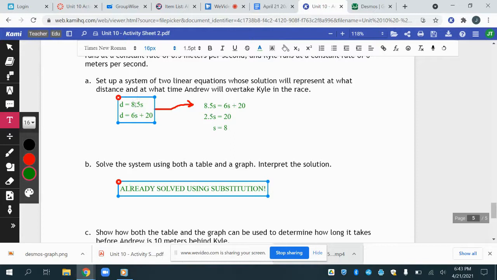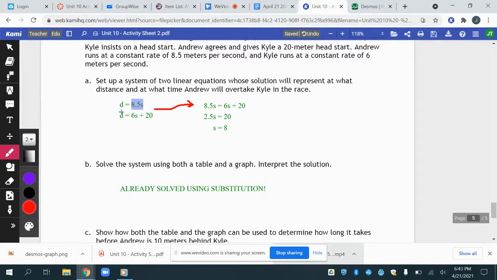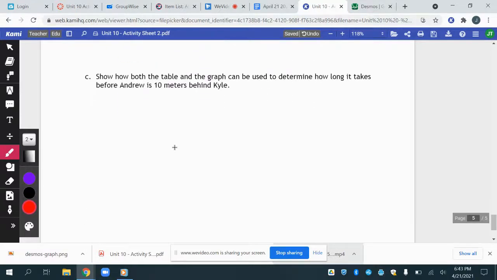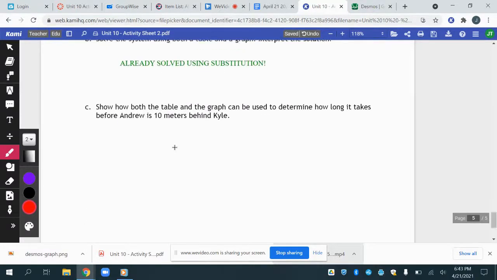The way we do substitution is to take something from one and substitute it in for the other one. I replaced this bottom D with 8.5s. I substituted it in like this. And that's substitution. That's why it's called substitution, because I literally plug something in, I substitute it for something else.